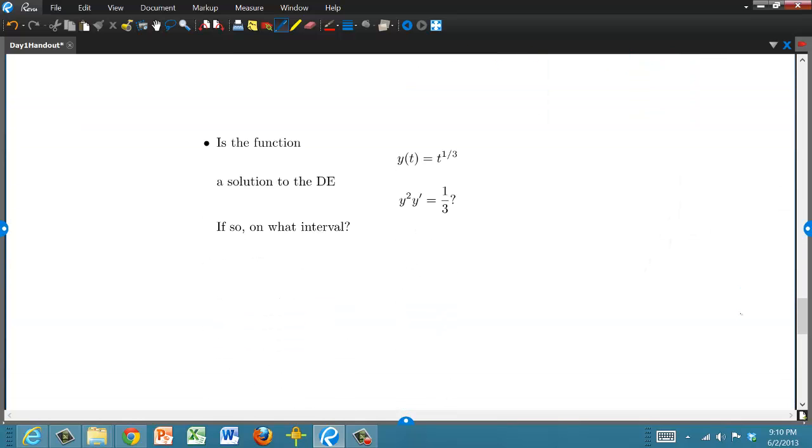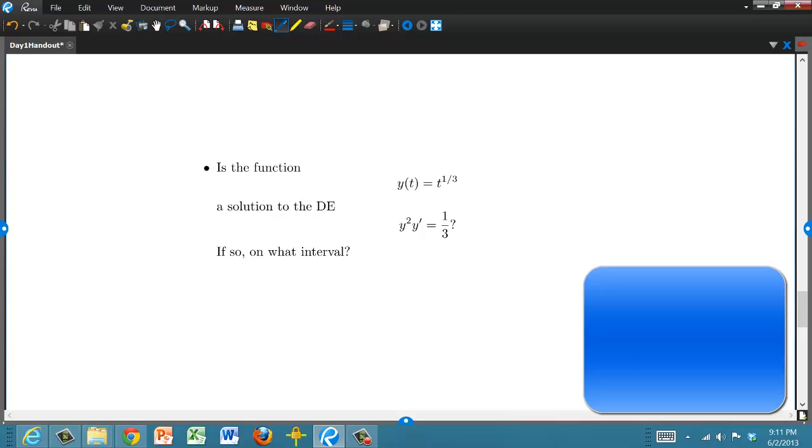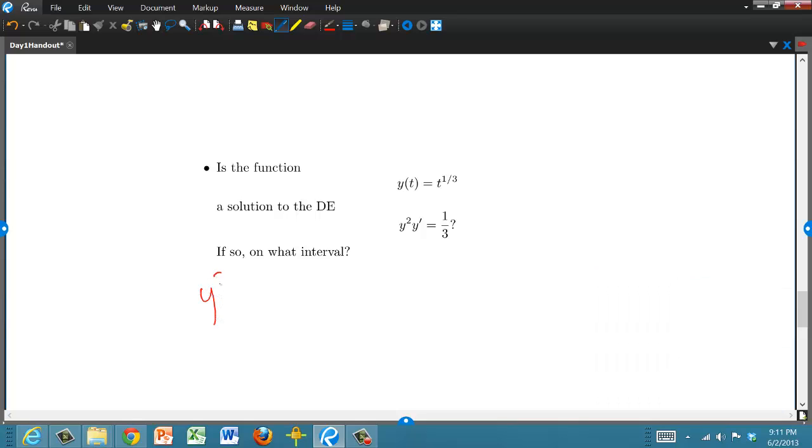All right, let's try another one. Is t to the 1/3 a solution to y squared times y prime equals 1/3? And if so, on what interval? Well, let's go ahead and calculate. Y squared is going to be t to the 2/3 power.